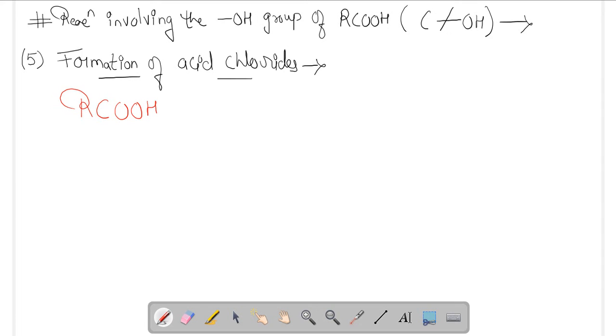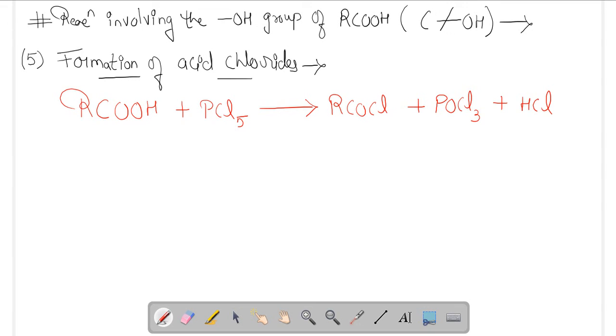So when carboxylic acid is reacted with PCl5, then the formation of RCOCl plus POCl3 and HCl will take place here.